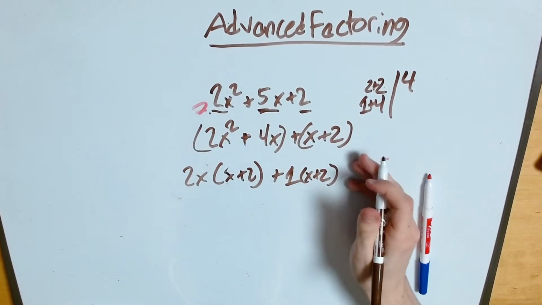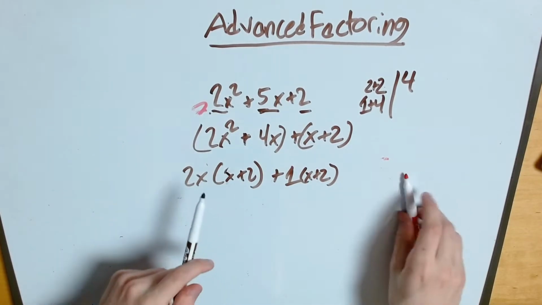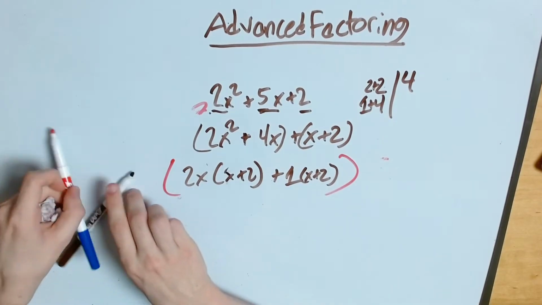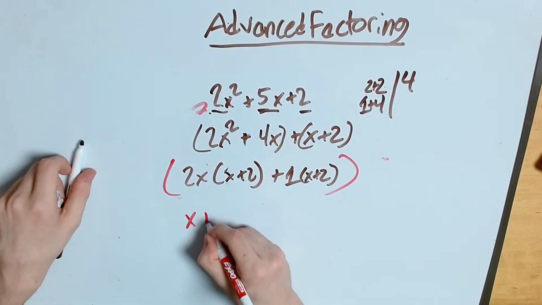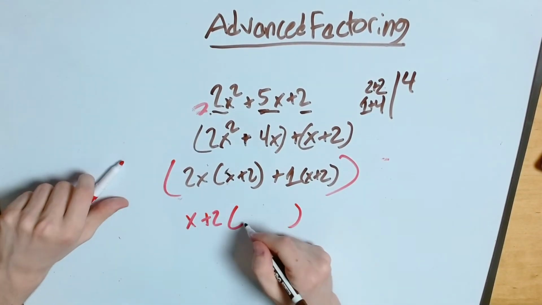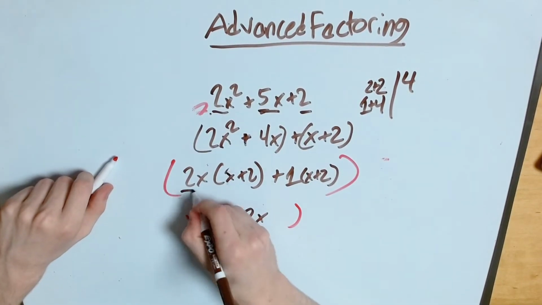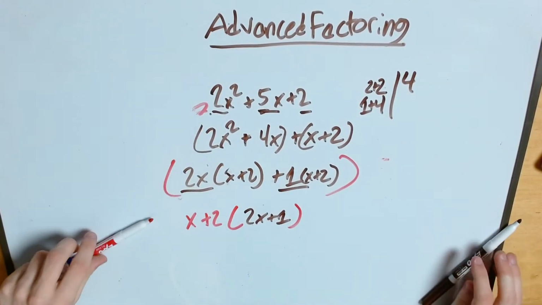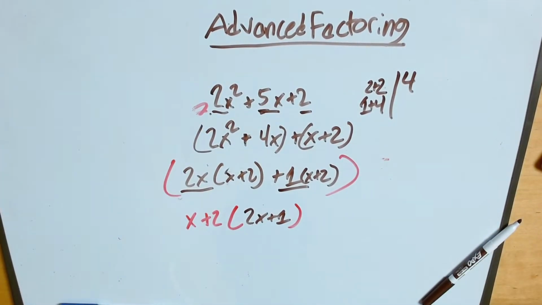And once again, we can pull out an x plus 2 from this entire equation and have x plus 2 times 2x right here plus 1 right here. And thus we've fully factored the expression, and we did indeed get the exact same answer. So the order doesn't matter.